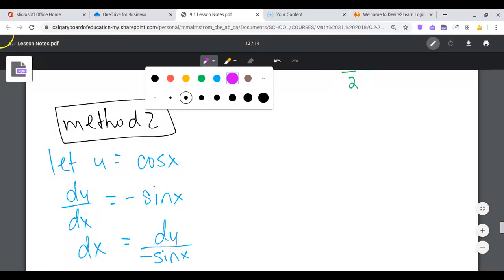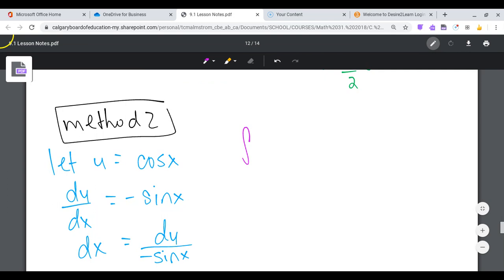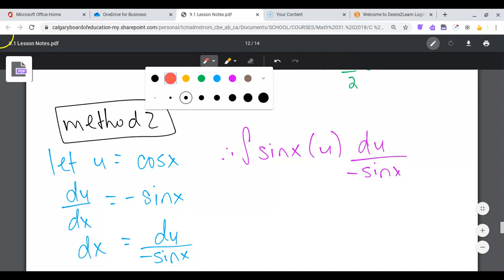And then I'm going to do my substitution. So therefore, I would get sine x multiplied by, this time I said cos was u, and then I would have du on negative sine x. And this time around, the sines will cancel.